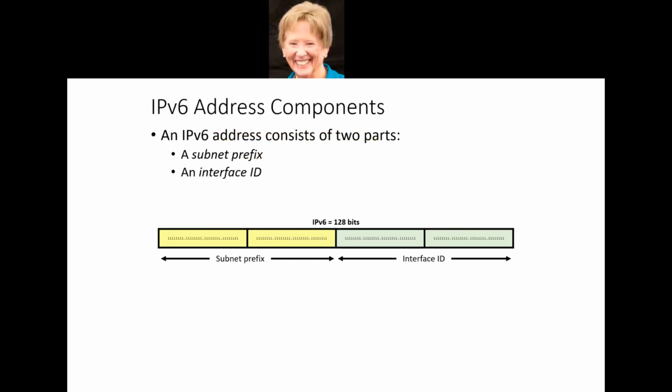We're talking about a subnet prefix that's half. Typically we're going to chop this in half. It's half of the IP address. What I mean by the subnet prefix is the network bits. So the network bits are going to be half of that IP address, and the interface ID would be the other half.